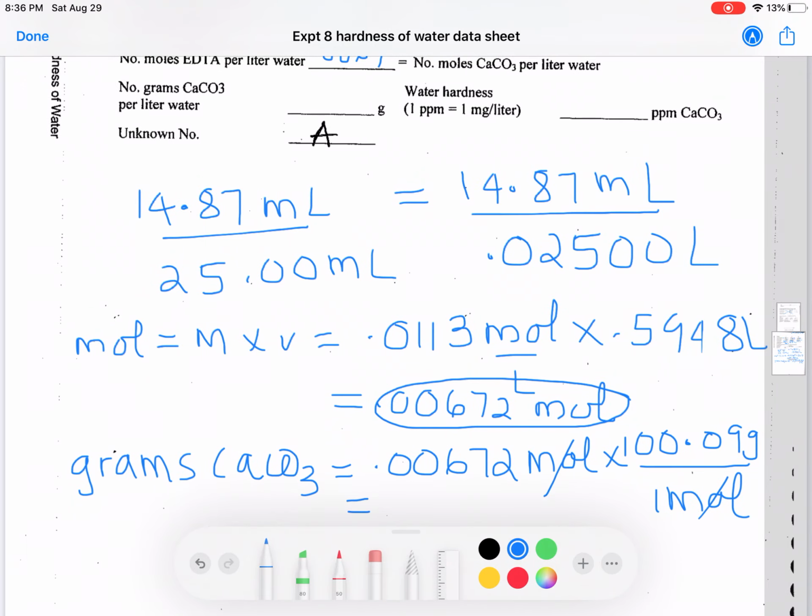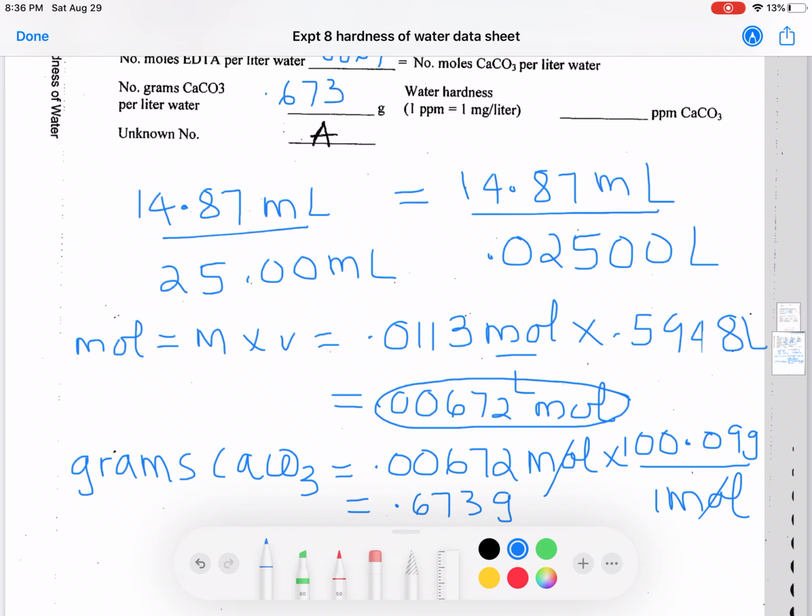How much is that when you multiply it by 100? 0.6726. But we need only 3 significant figures, 0.673 grams. That is the number of grams of calcium carbonate per liter of water, 0.673 grams.